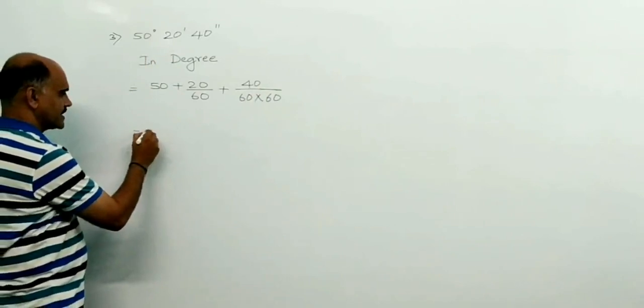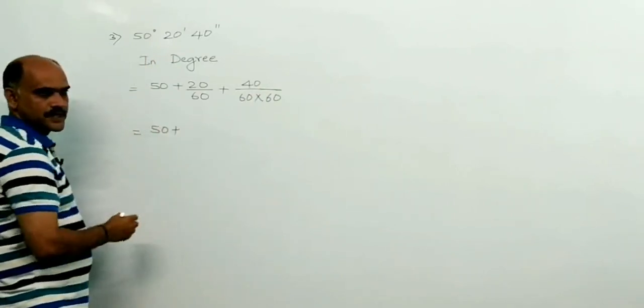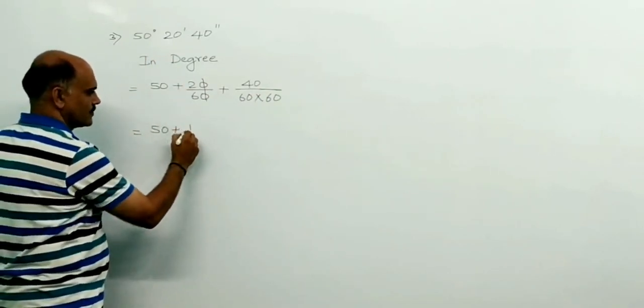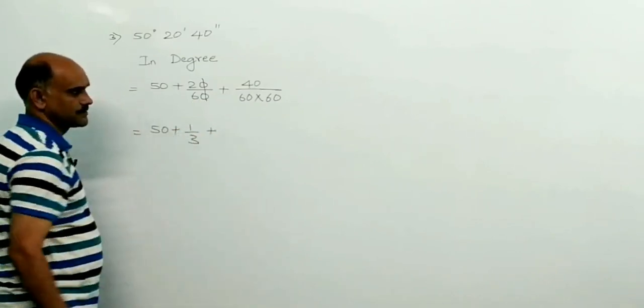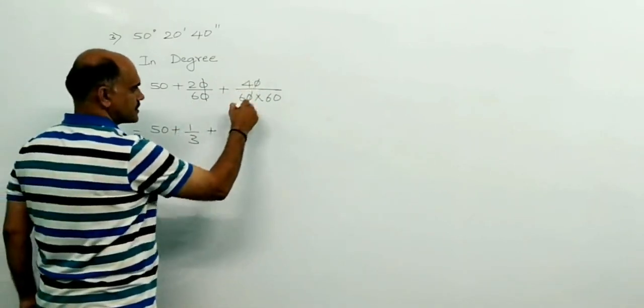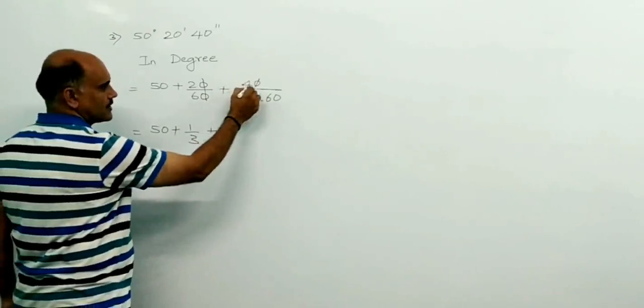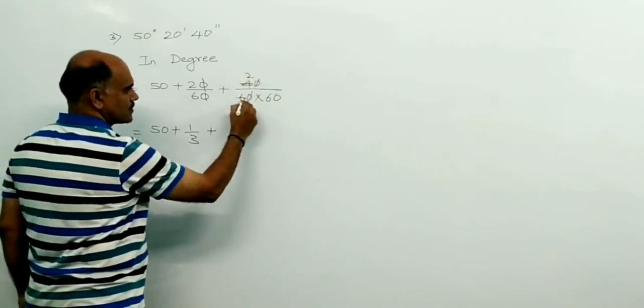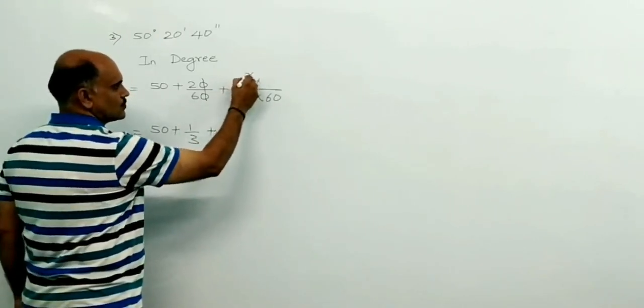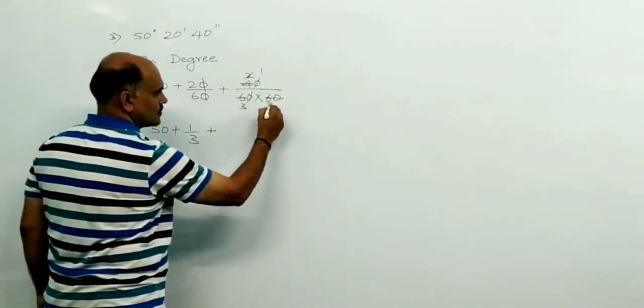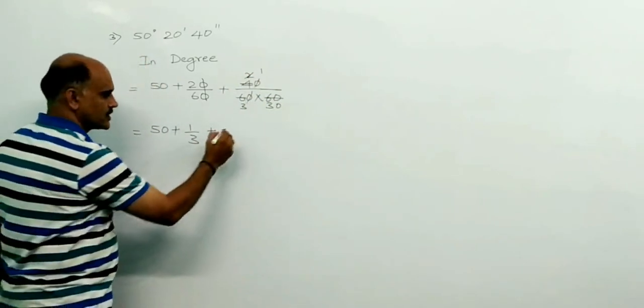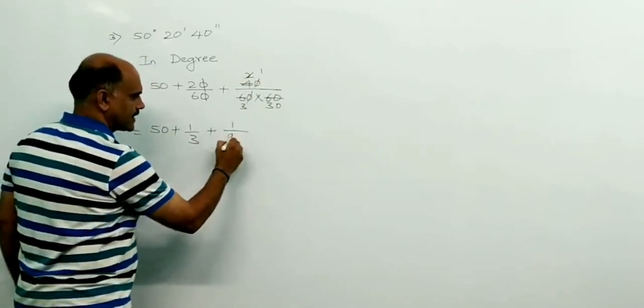Now you simplify this. 50 plus, 0 gets cancelled, 1 by 3, plus this 0 gets cancelled. You will have 2 1s are 2, 2 30s are 60, so you will have 1 divided by 90.